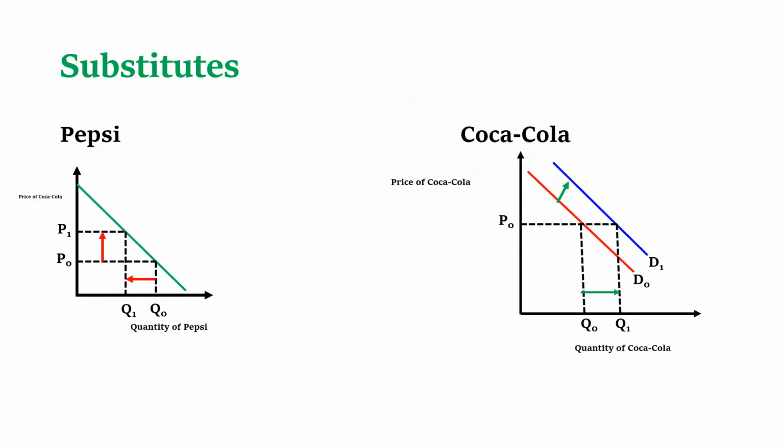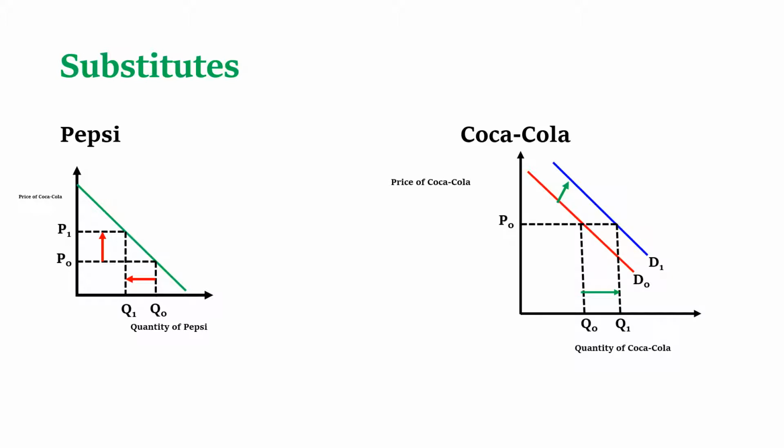As I explained earlier, you see this is Pepsi and Coca-Cola. These are two substitutes. When the price of Pepsi increases and the price of Coca-Cola remains the same, what happens? The demand curve for Coca-Cola shifts to the right, right?